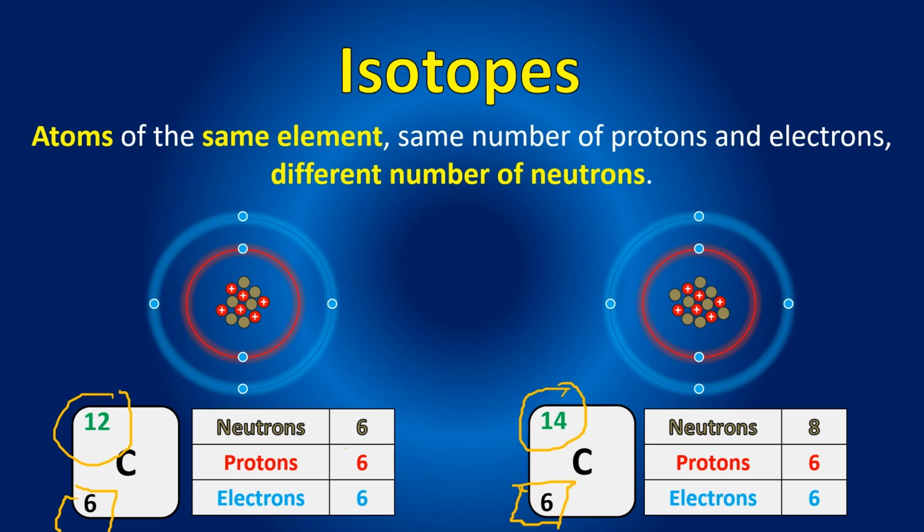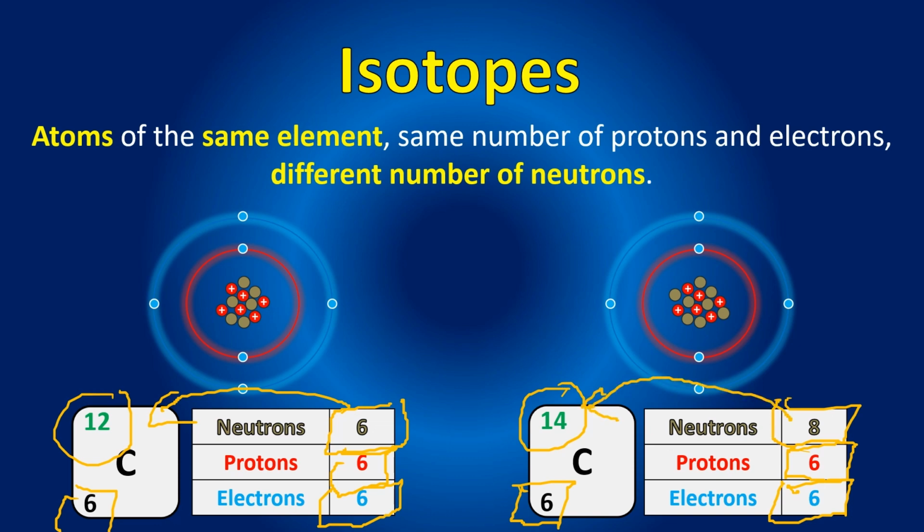It's 6, so they will both have 6 protons and 6 electrons, so 6 positive protons cancelled out by the 6 negative electrons. The same electron configuration, as you can see. The only difference is they've got different numbers of neutrons, so 6 protons and 6 neutrons make 12 for carbon 12, and 6 protons but 8 neutrons here make carbon 14.